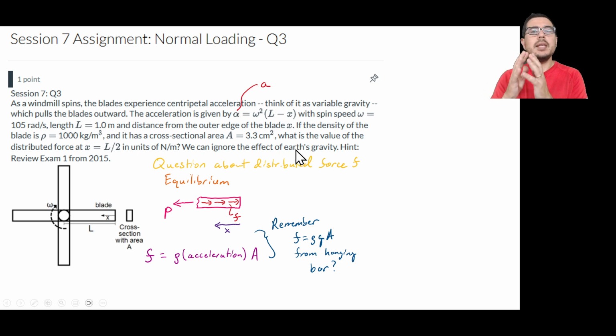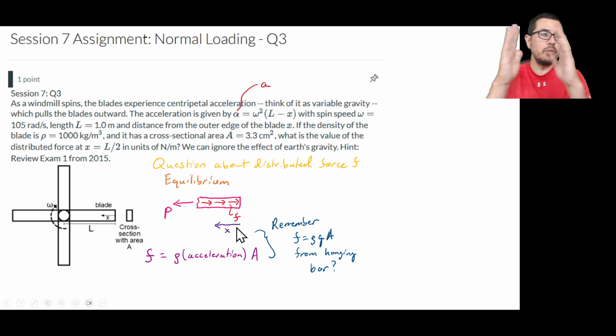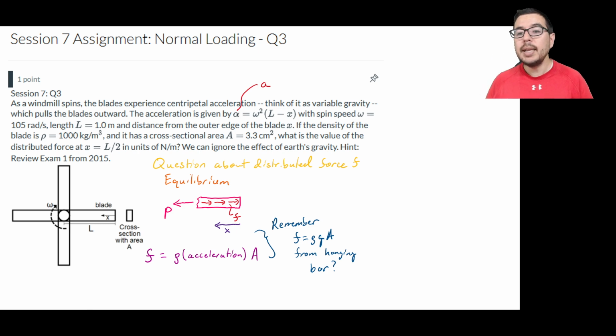Let's think about what this distributed force is really saying physically. It's saying that if you take a slice here, as we go along the blade in the x direction per some length, we want to know what that force per that length is acting over that area.